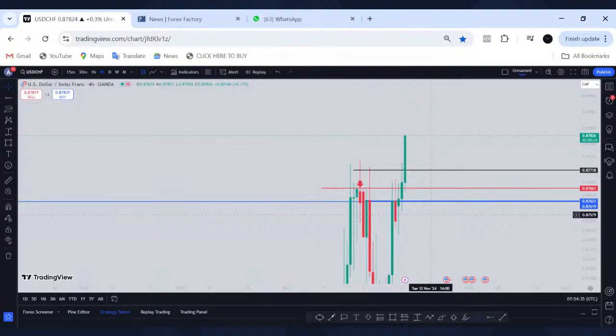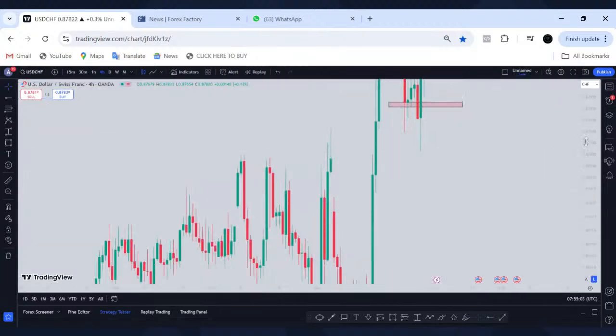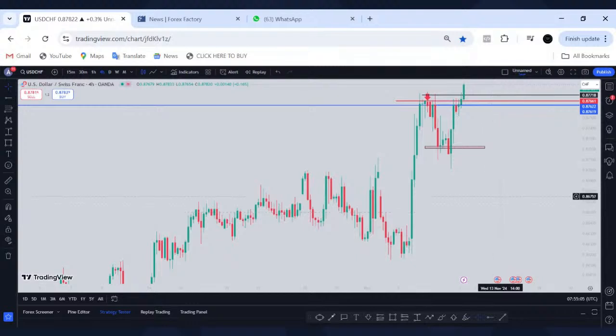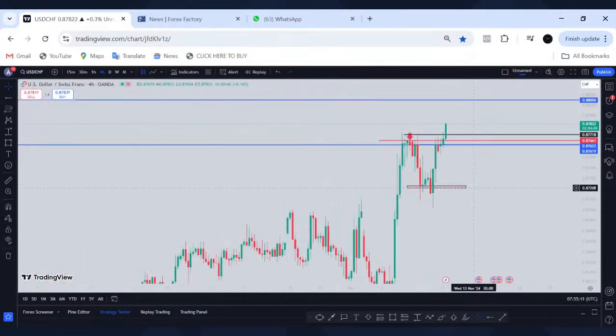When it comes to breakouts, sometimes it's very difficult. You need to be very calculative. What I've noticed about the pair is that break and retest don't really happen on it. The breakout entry doesn't happen normally on it.